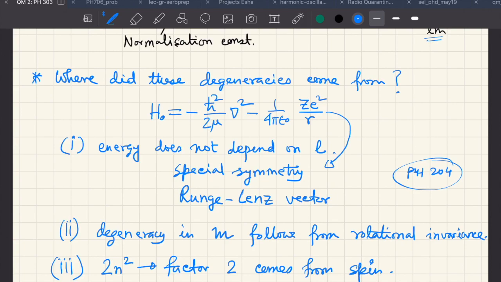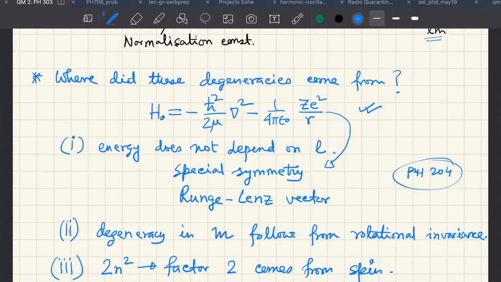In fact, each eigenstate of this H naught, the unperturbed Hamiltonian representing the hydrogen atom, is really two degenerate states, one with electron spin up, another with spin down. And these states are degenerate because H0 does not have any explicit dependence on spin. So the degeneracy must therefore follow from the conservation of spin. But as you all know, there is no such conservation law.